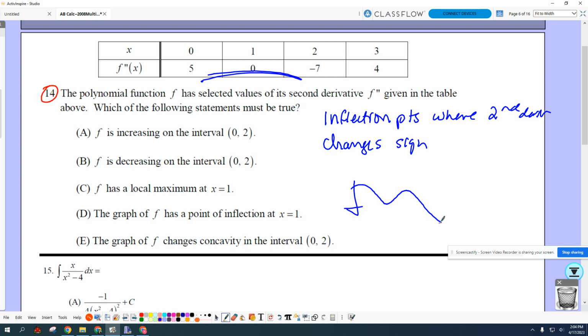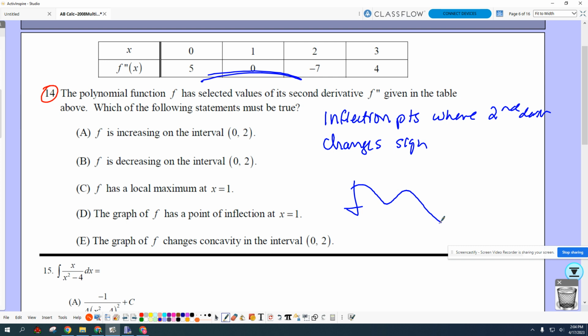Telling you the second derivative, the first derivative could be doing anything. The first two, same reason, you don't know anything about it. Does it have a local maximum at x equals 1? It might. Probably not, but it might.